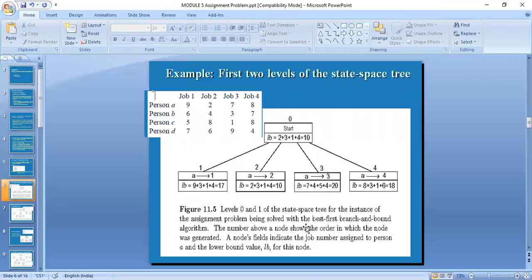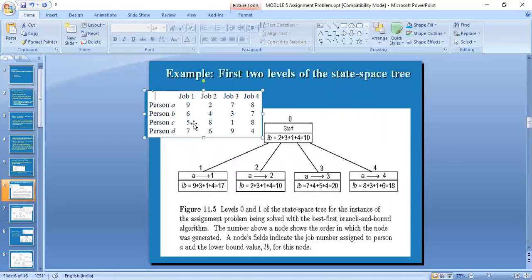So as I told you, when it comes to person A, how many choices are there? You have A with job 1, A with job 2, A with job 3, A with job 4. Now, when you take A with job 1, what will be the value? The value is 9. So you have taken it as 9.